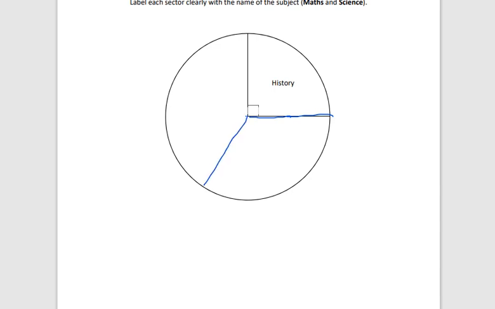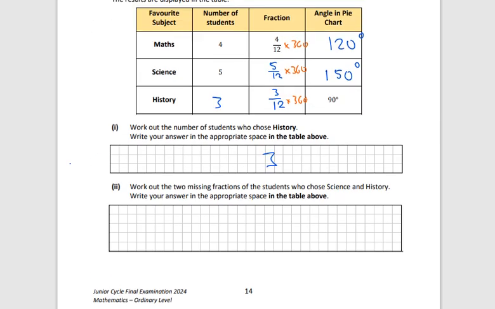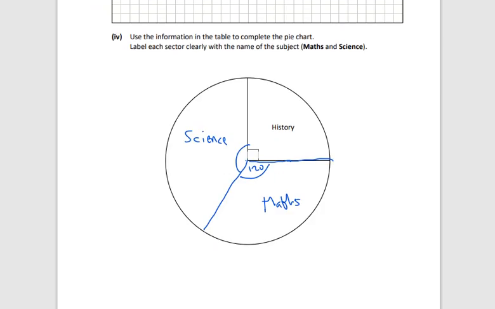Yeah, we'll go maybe about there. So that's 120. That's not very accurate, but that's maths. And then the other one should work out for you. So if you measure that one correctly, the other one should fit. Then it should be 150. So 150 degrees. And that's the pie chart drawn.